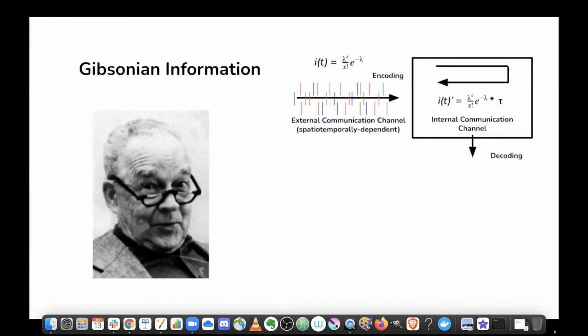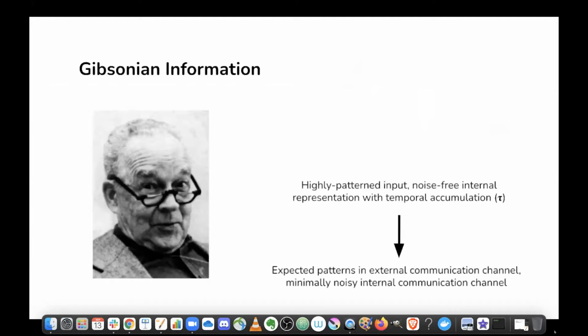This tau can be appended to the Poisson distribution in a number of ways. You can have an additive version of it, and you can have a multiplicative version of it, which you can see here. Once this information is inside the agent's internal model, it can be transformed in a number of ways. This leads us to highly patterned inputs from the environment, which results in a noise-free internal representation with temporal accumulation.